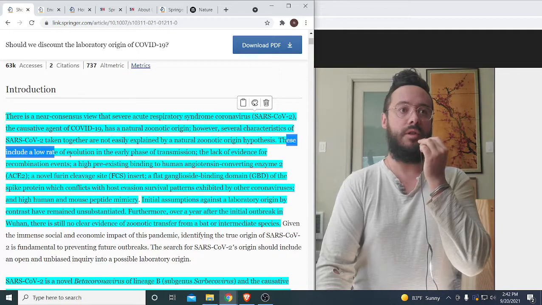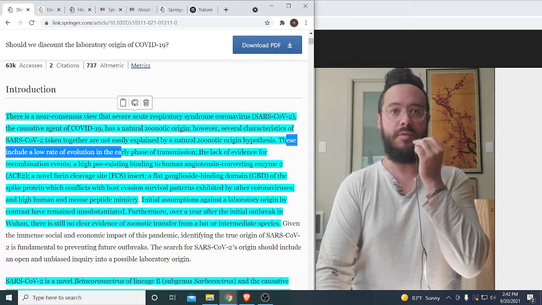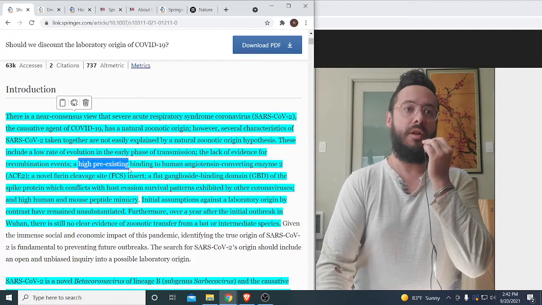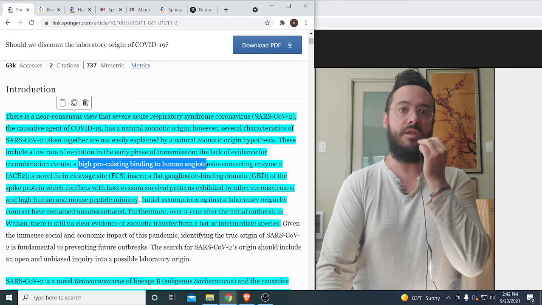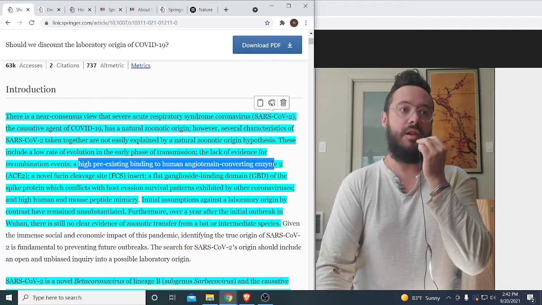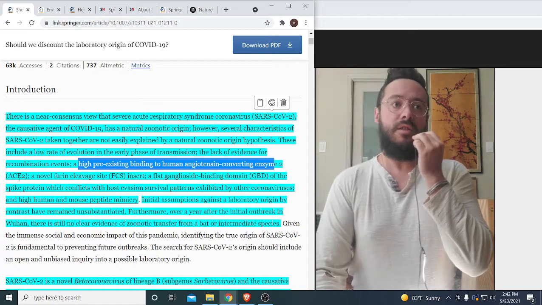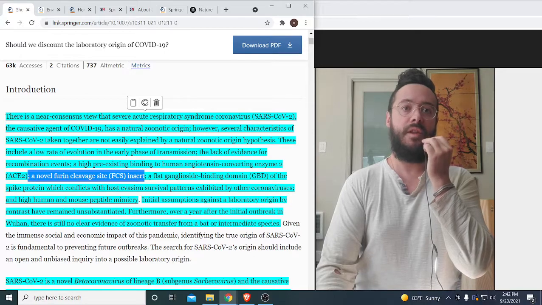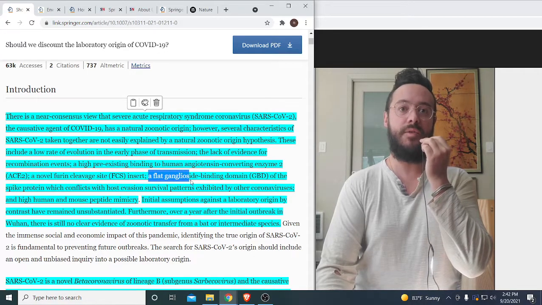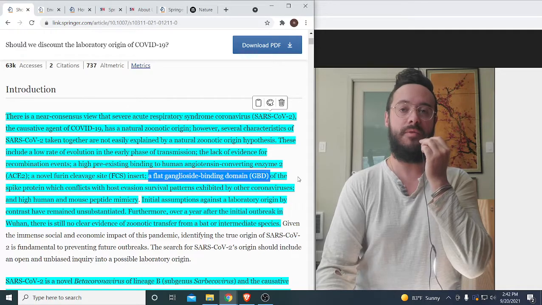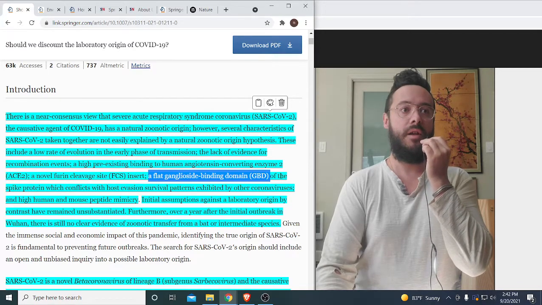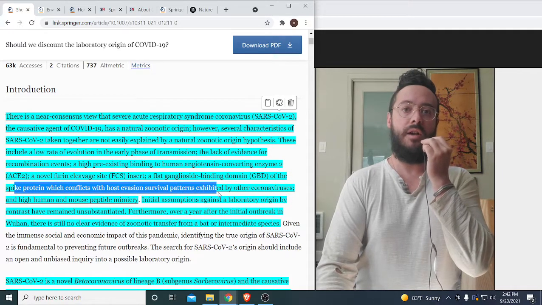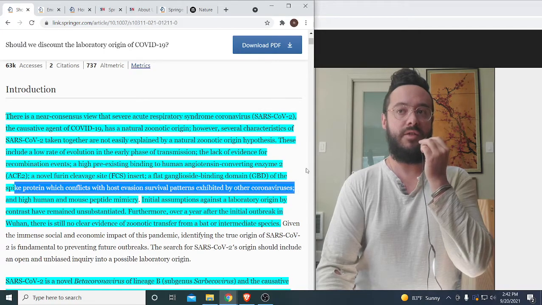These include the low rate of evolution in the early phase of transmission, the lack of evidence for recombination events, a high pre-existing binding to human angiotensin converting enzyme 2, ACE2, a novel furin cleavage site insert, a flat ganglioside binding domain, GBD, we've gone over that in the previous video, of the spike protein, which conflicts with the host evasion survival patterns exhibited by other coronaviruses.